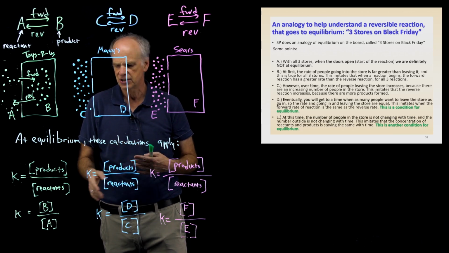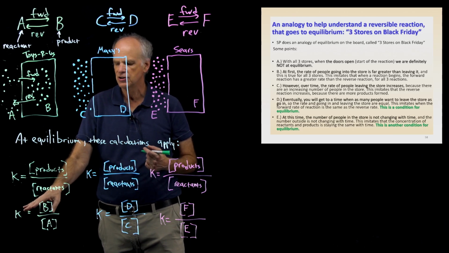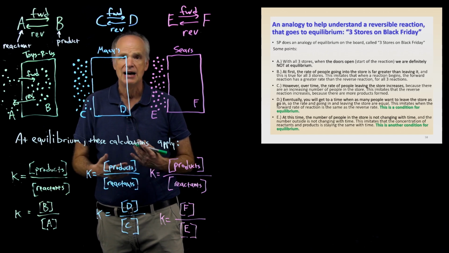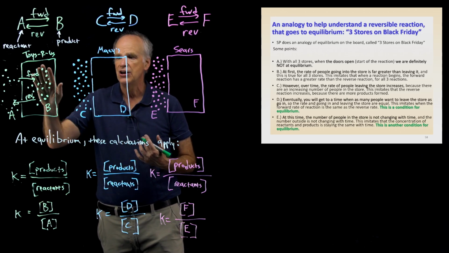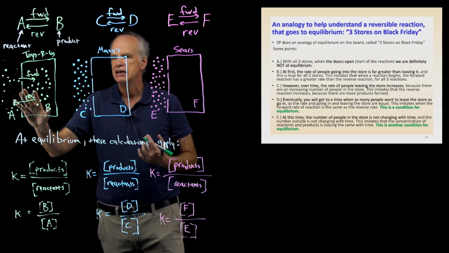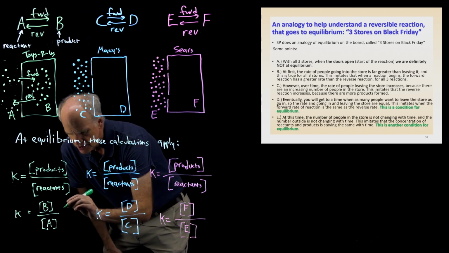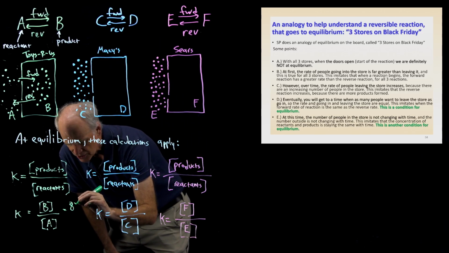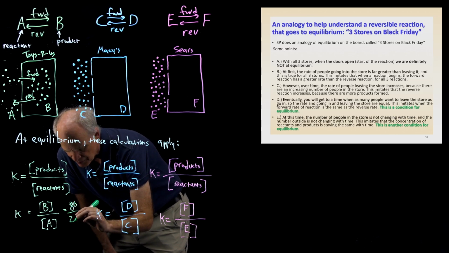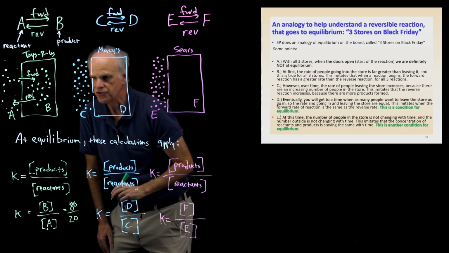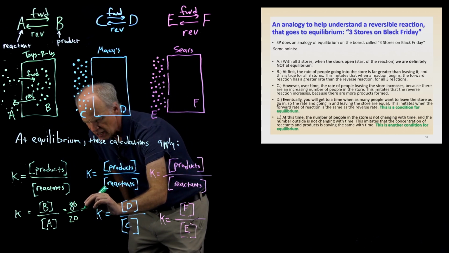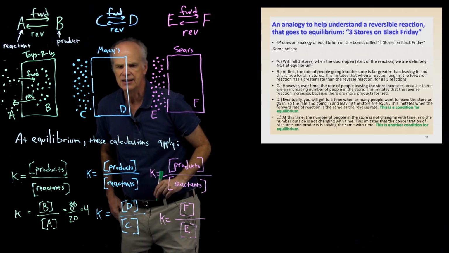Okay, so here you can calculate a value of K by, at equilibrium, taking the molecules of B and dividing it by the molecules of A. And so let's say at equilibrium you have 80 molecules of B and you divide it by 20 molecules of A. And so what you find is the value of K is 4.